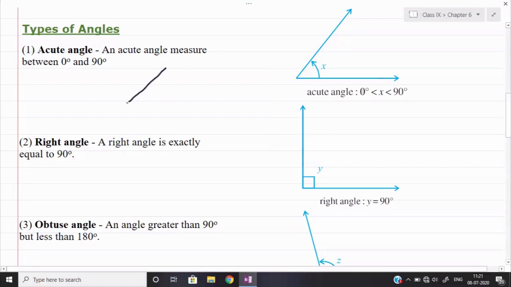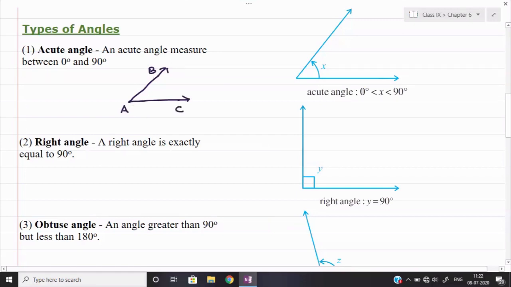Suppose I draw this one ray going in one direction up to infinity, and from the same initial point I draw another ray. This point I will say A, this point I will say B, and here I mark one point C.